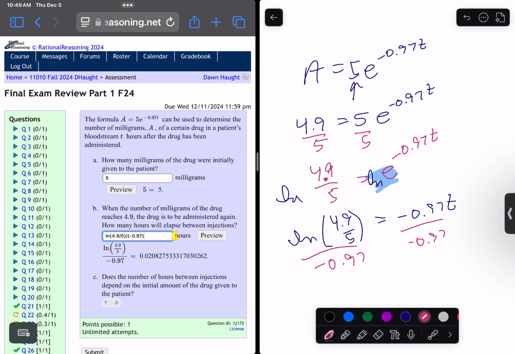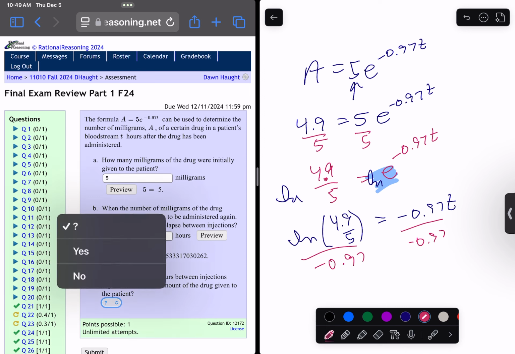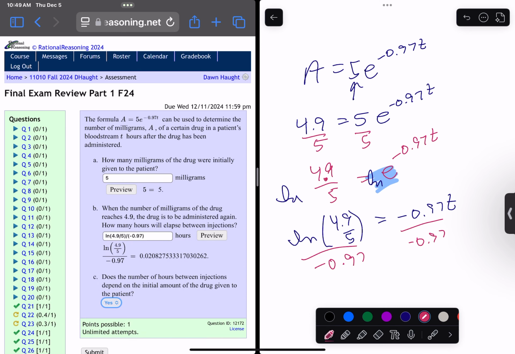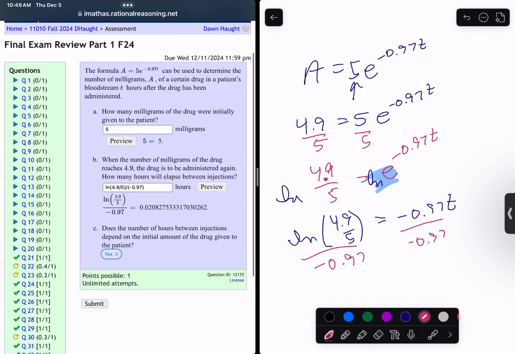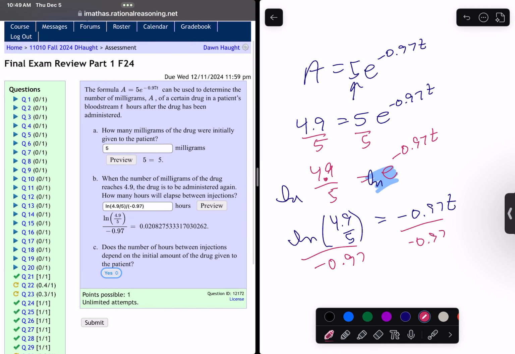Does the number of hours between injections depend on the initial amount of the drug given to the patient? Well, it would probably be the rate of change and not necessarily the starting amount.